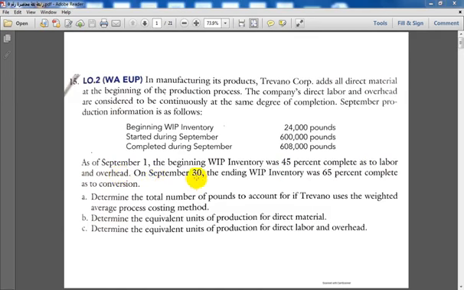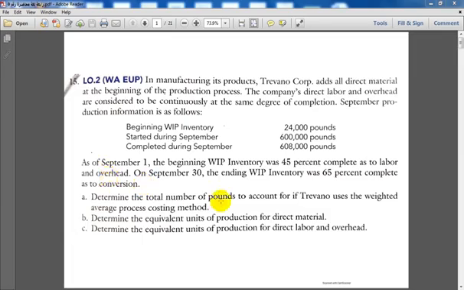On September 30, the ending work in process inventory was 65% complete as to conversion. So conversion here means direct labor plus overhead required.